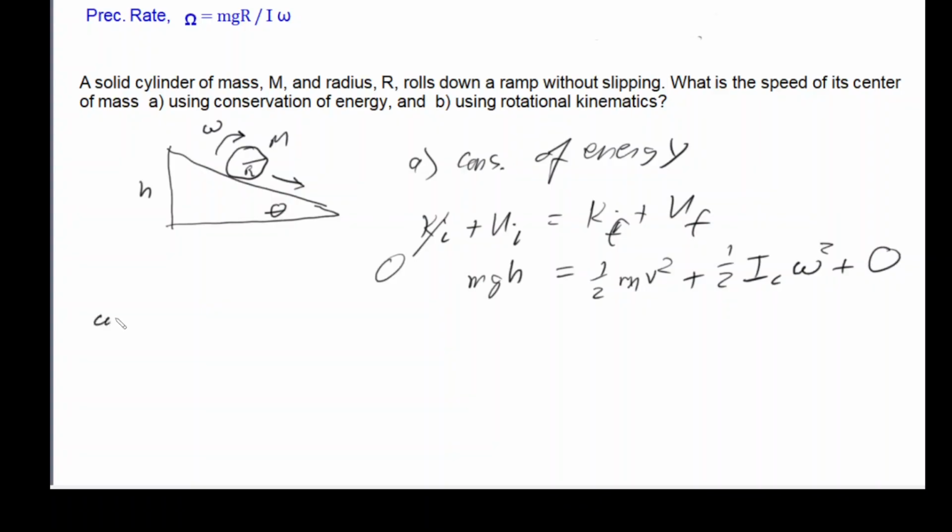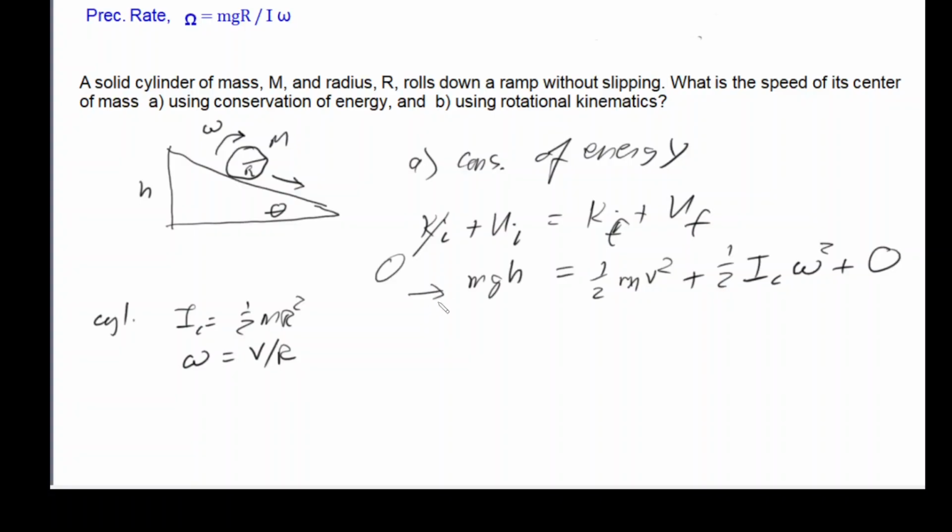Now for a cylinder, we know that I is equal to 1/2 mr squared, and omega is equal to v over r. So we can plug that in to our equation.